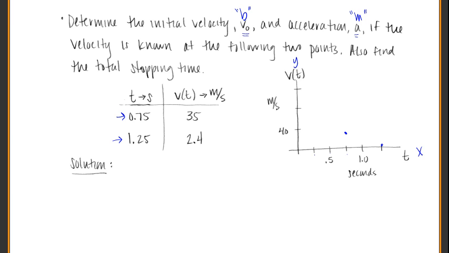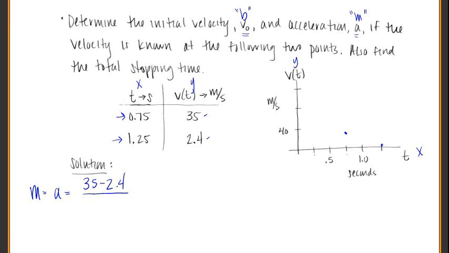Alright, the first thing I want to find out is, remember, over here our x-axis is actually our t-axis. So we can call this column our x values, and this column our y values. Like before, anytime I want to find slope, in this case our slope is our acceleration, it's the difference in our y value, so the difference in our velocity, 35 minus 2.4, over the difference in our times.